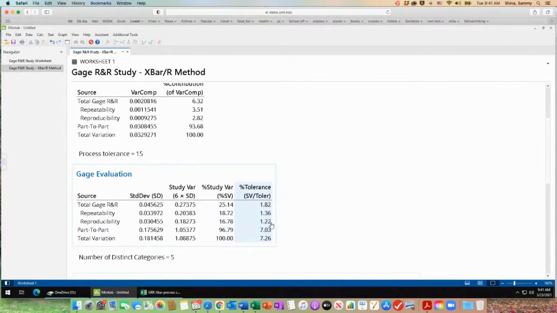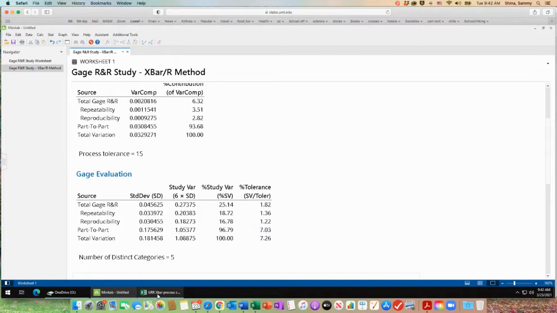No pain getting the calculations here. The process tolerance is 15. And there is all the numbers that we developed. Now, if you want, in your report, you're going to give me those values. So the way you do this is you go to worksheet 1, you right press worksheet 1 on your mouse, and it says send to Microsoft Word.